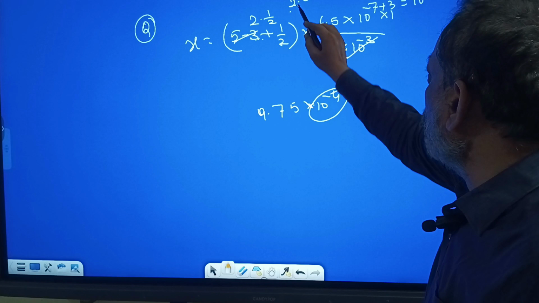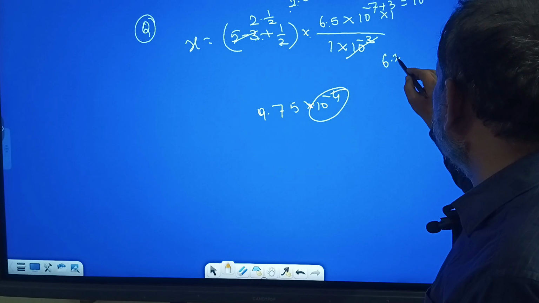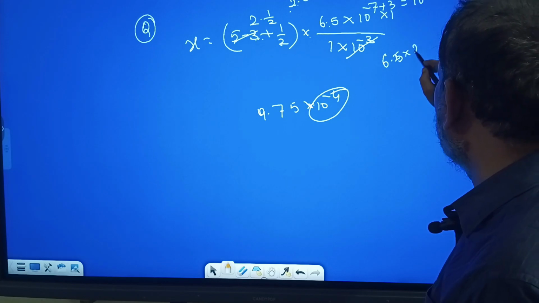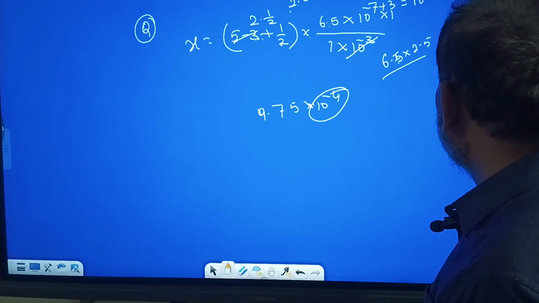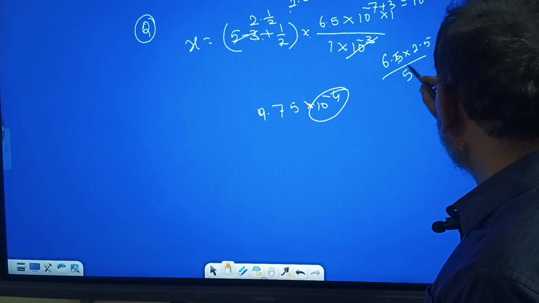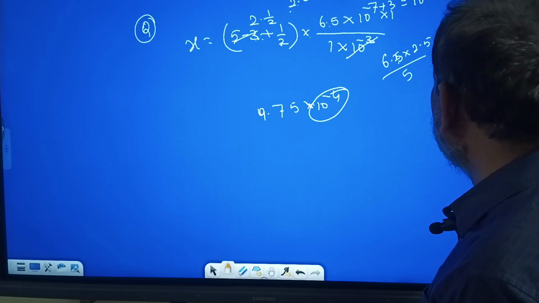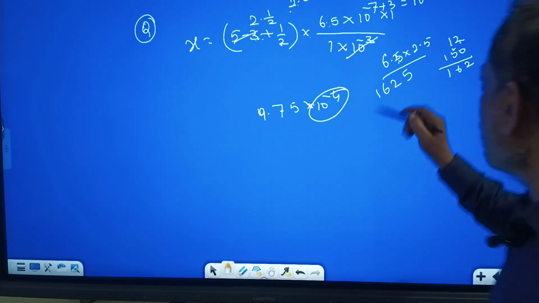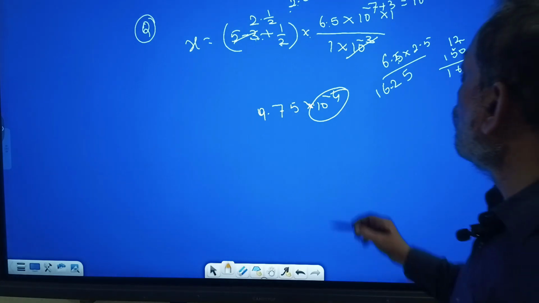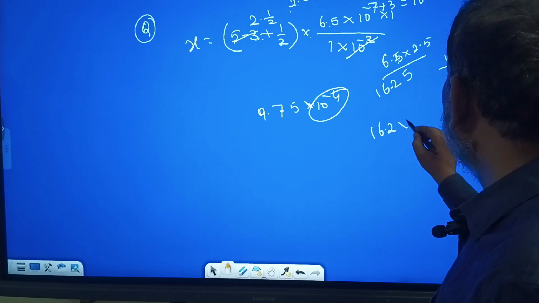Now 2.5 into 6.5. Don't go for 5 fives are 25, 5 sixes are 30, like this calculation. Now we are getting 1625. How many decimal places are there? 2 decimal places are there. So now our answer is 16.25 into 10 to the power of minus 4.